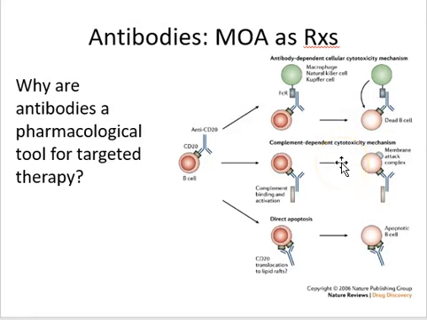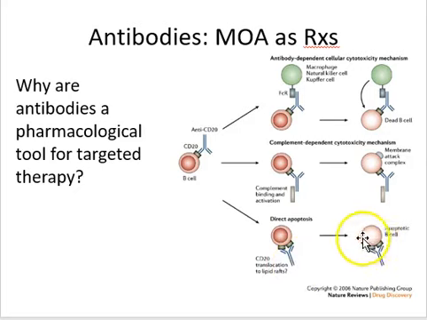Complement cascade basically has a similar outcome, where the complement binding activity is essentially the killing phase, where the membrane attack complex is initiated, and then that kills that renegade B cell. Okay, and then of course the third method is direct apoptosis, where this antibody gets basically internalized and degraded.